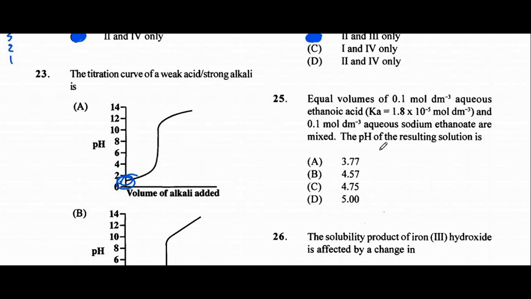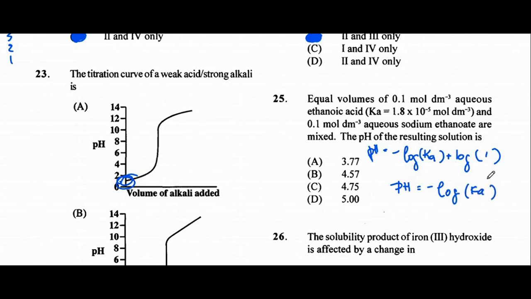So let's say pH is equal to minus log to the base 10 of Ka plus log to the base 10 of this 0.1 over 0.1, which is 1, and the log to the base 10 of 1 is 0, so the pH would be equal to minus log to the base 10 of Ka.